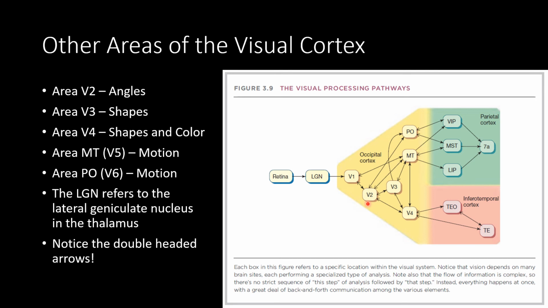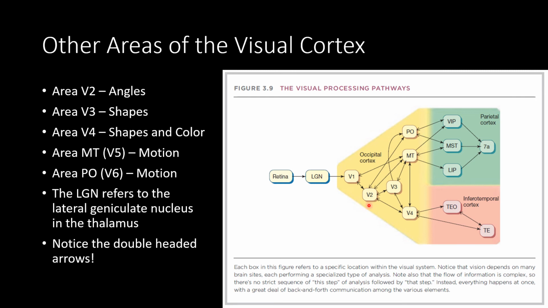Now, one other thing to be very careful of, or at least to just keep in your mind for most of these lectures really, is notice that there are these double-headed arrows that are going between most of these regions. That is to indicate that they are interconnected and they are sending information both ways.